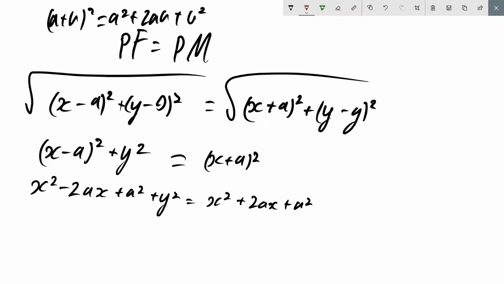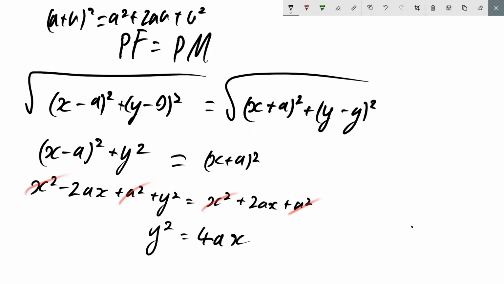We have some cancelling. The a squareds cancel, the x squareds cancel, and I'm now going to move this negative 2ax onto the other side, which gives us our form. Y squared is equal to 4ax.